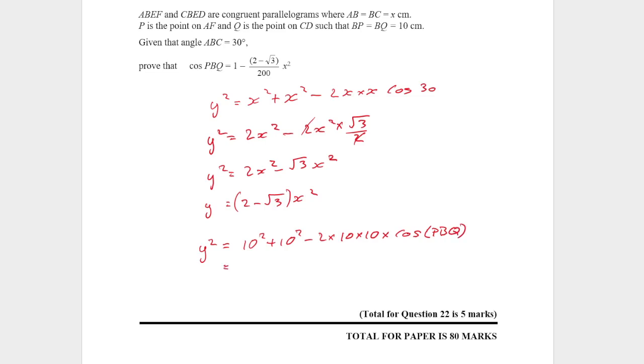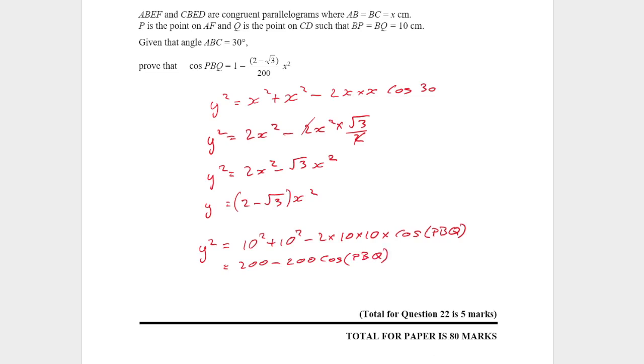Okay, so tidying that up, 10 squared plus 10 squared is 2 lots of 10 squared, so that's going to be 200 minus 200 times cos of the angle, PBQ.